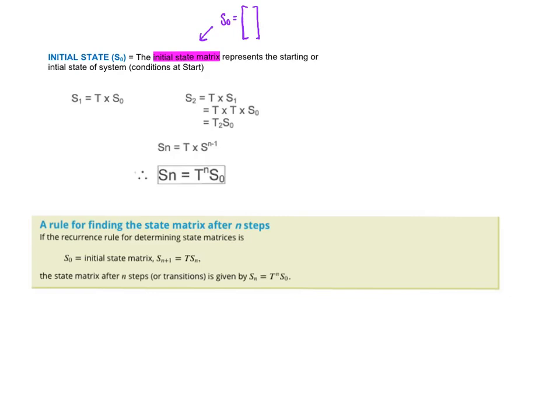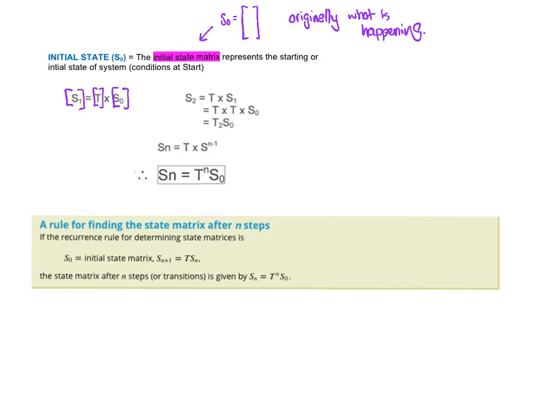But the initial state is the original scenario of what is happening. So you need something to find. So if we were going to use our transition matrix, if I wanted to get what happened after week 1, I would do the transition matrix times S0, and that gives week 1.